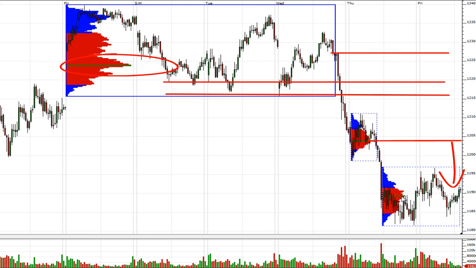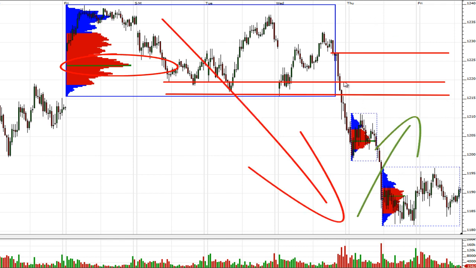But I would also notice that this is a relatively smaller balance area. So if we were to break through it, okay, this would not invalidate the whole down move. This could be just a bigger pullback within this bigger trend down, right?